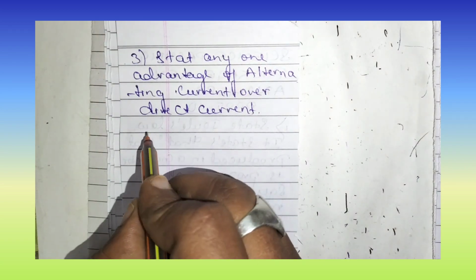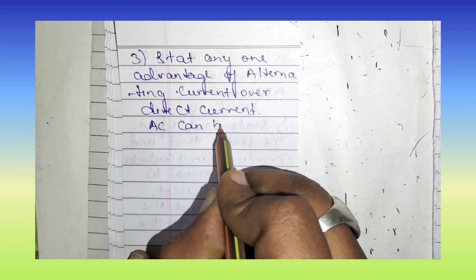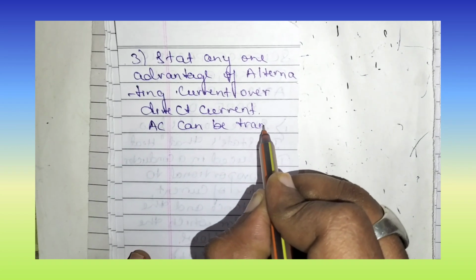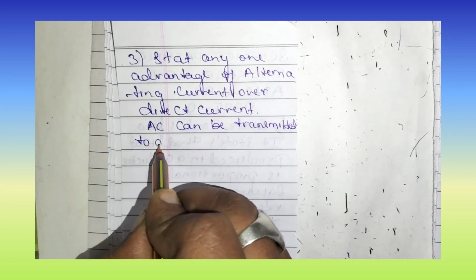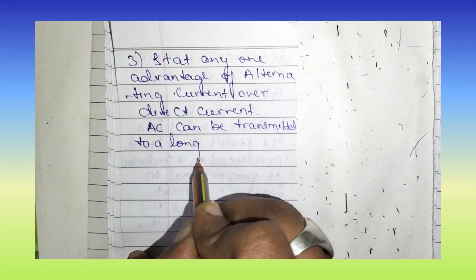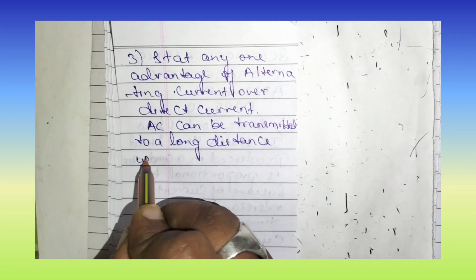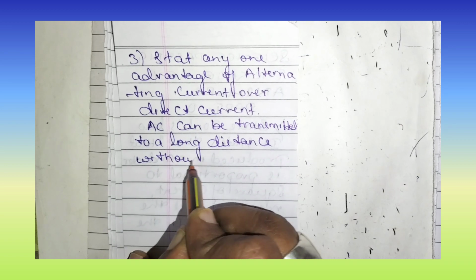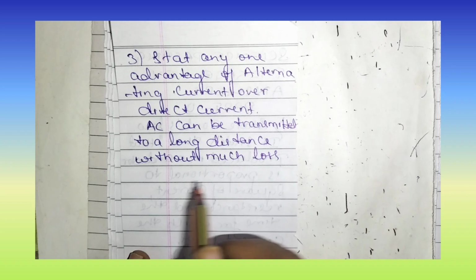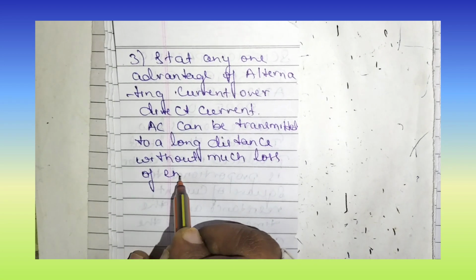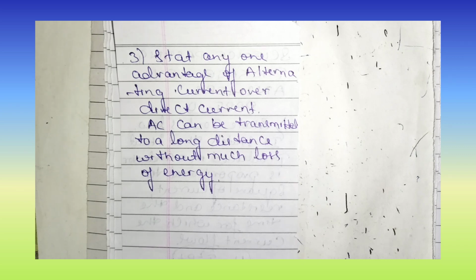Advantage of AC over DC: AC can be transmitted to a long distance without much loss of energy. So this is the main advantage of AC over DC.